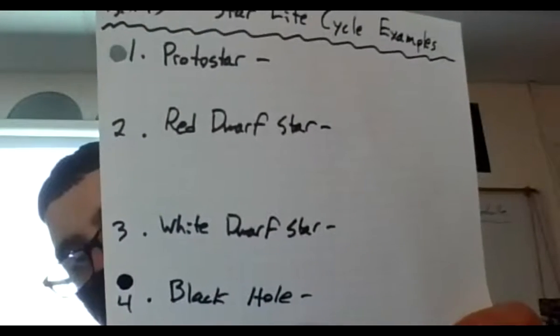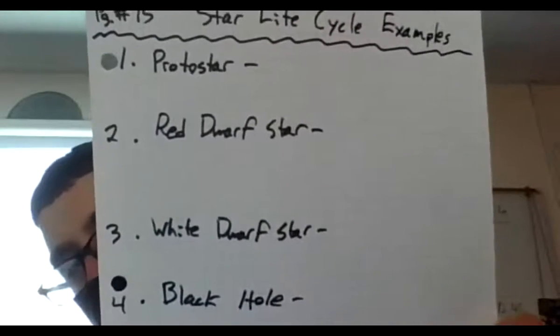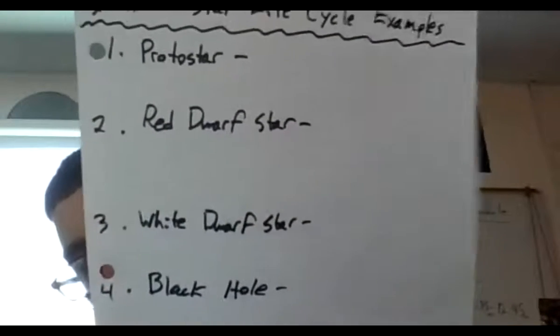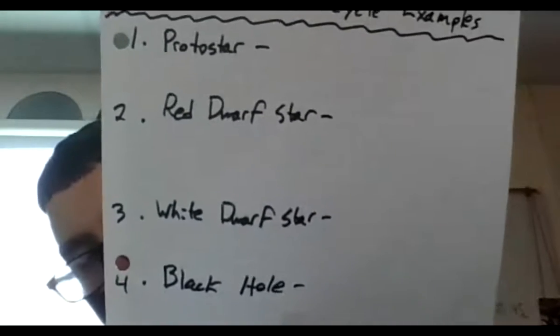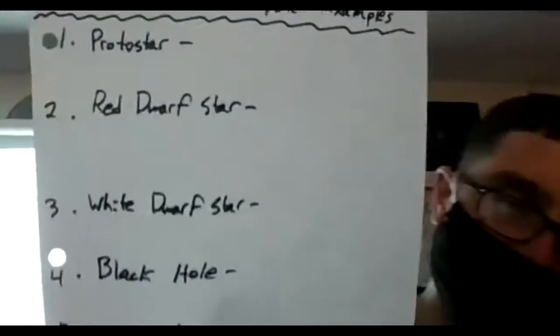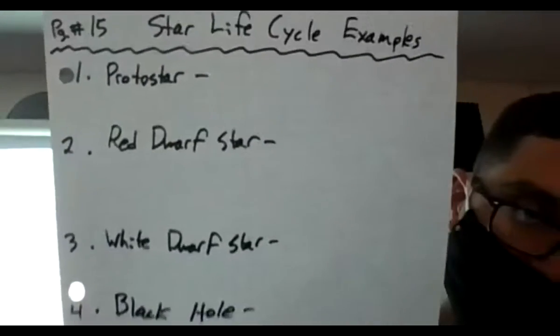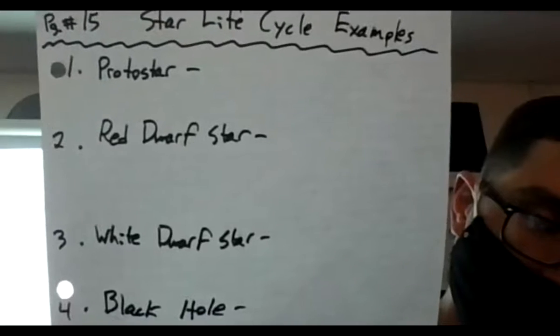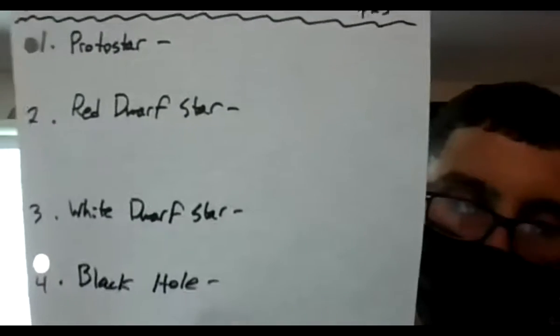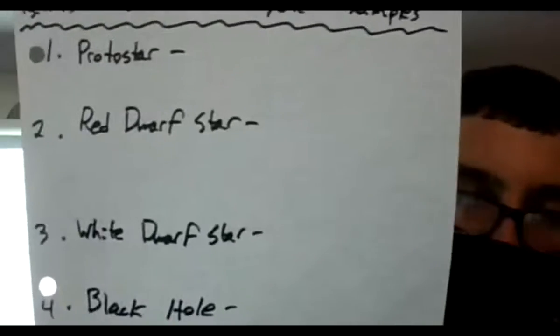The first 4 are going to be protostar, red dwarf star, white dwarf star, and black hole. Those are going to be your first 4 examples. And we're just going to explain those in one sentence each. Want to know so we can differentiate these.